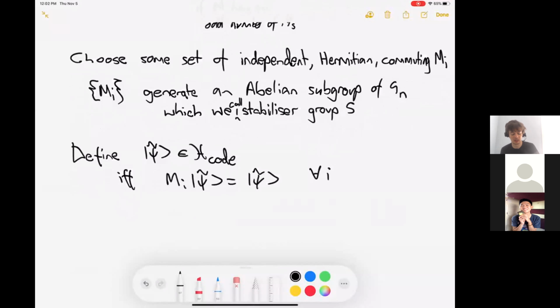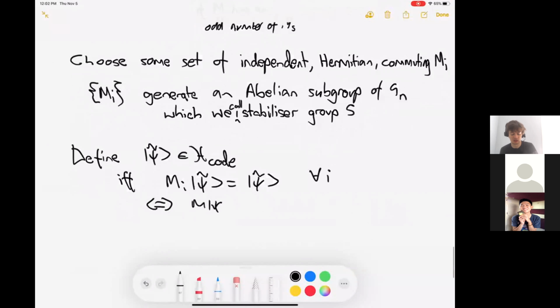Or equivalently, because they all commute and S just generates products of them, M psi tilde equals psi tilde for all operators M in the stabilizer group S.